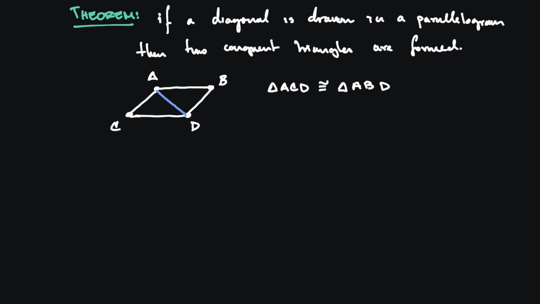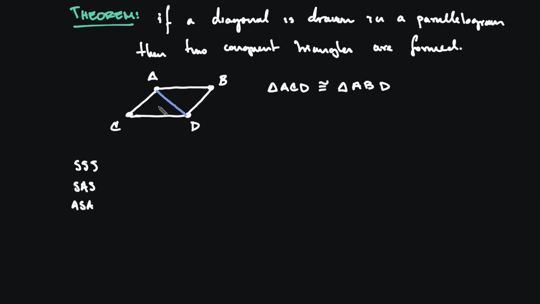Before doing the proof of this theorem, let's make a plan. We need to prove that the two triangles are congruent. To prove that triangles are congruent, we have some criteria that we might use. Those options are side-side-side, side-angle-side, and angle-side-angle, which is pretty similar to angle-angle-side.